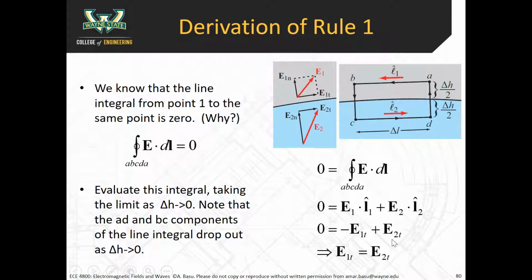This vector here is tangential to the surface, so whenever you dot the electric field with this tangential vector, you're getting the component of the electric field along that tangent. That's why you get E1t here, and similarly E2t here. This equation tells you that E1t is equal to E2t. The tangential components are equal, or said a different way, the tangential components are continuous across the interface.